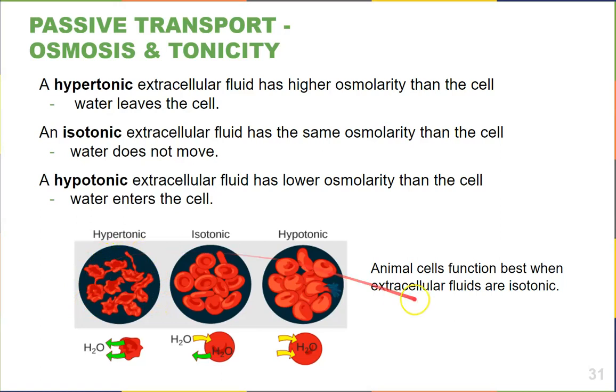On the other hand, if these cells were placed in pure water where there's no solute, water is going to move into the cell to dilute the solutes inside of the cell. Most of the time, that'll cause the cells to burst because they take on too much water. And then in the middle is isotonic, and that's the best one, where we have homeostasis and equilibrium.